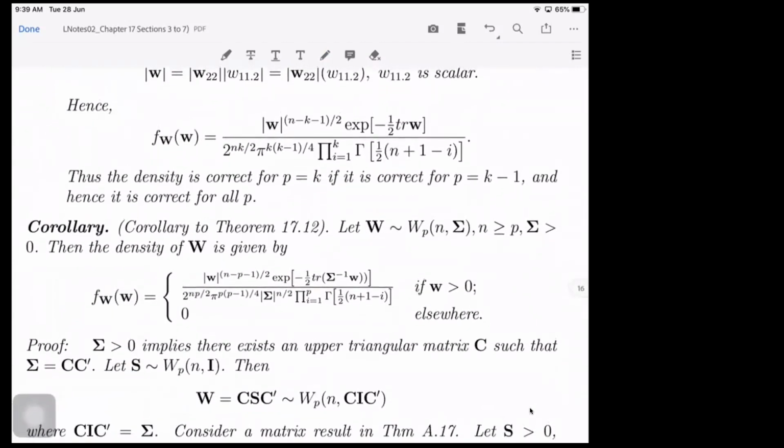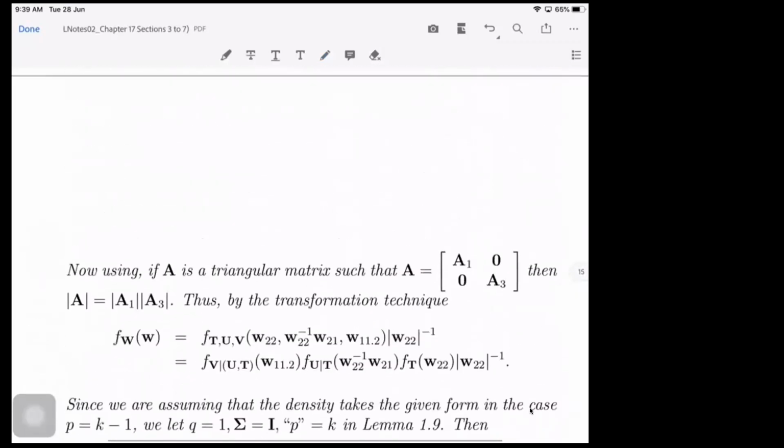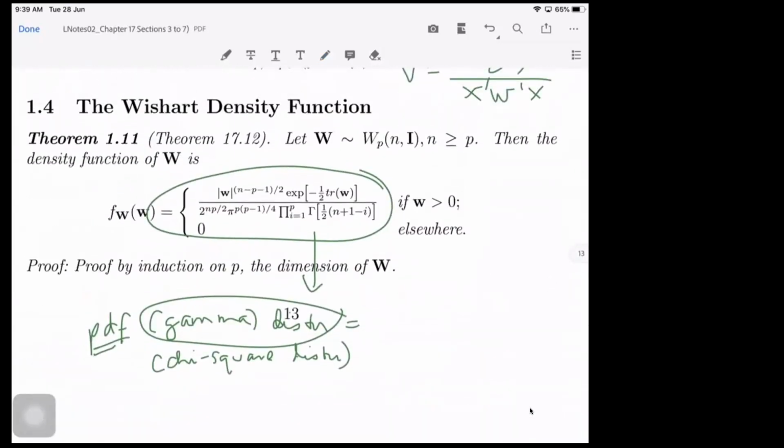And as a corollary, special case, this is the density of your Wishart distribution. If in particular, in ani lang ang distribution, no? Dili katong kompleto. N sigma lang. Kini man gud, kompleto ni siya. A particular case ni.